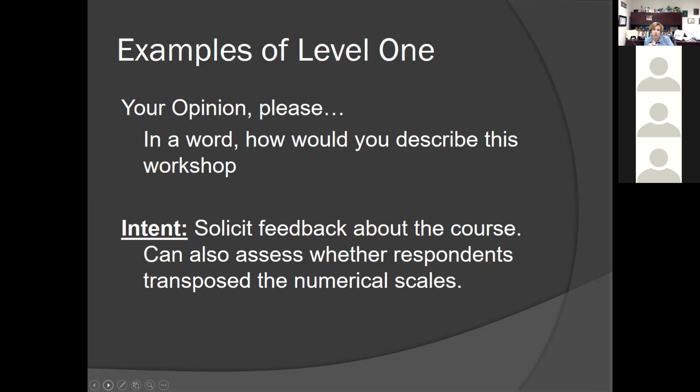They mark 1, and then underneath, when you say describe in one word how you describe this program, they write awesome. Well, then you know that they've inverted, or transposed, the scale. So it gives you the ability to know that.